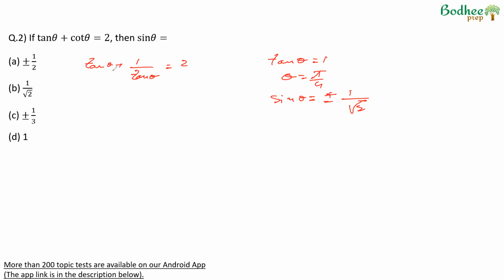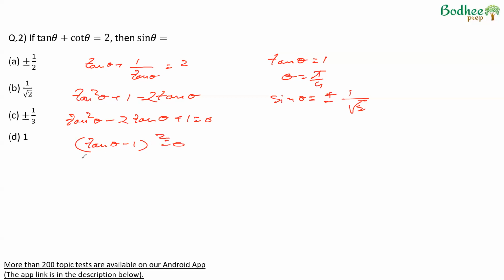Or if we actually want to solve this, we'll say tan square theta plus 1 is equal to 2 tan theta, multiplying the entire thing by tan theta. Tan square theta minus 2 tan theta plus 1 is equal to 0, which is the formula for tan theta minus 1 whole squared.